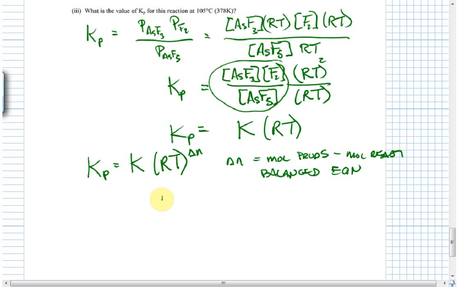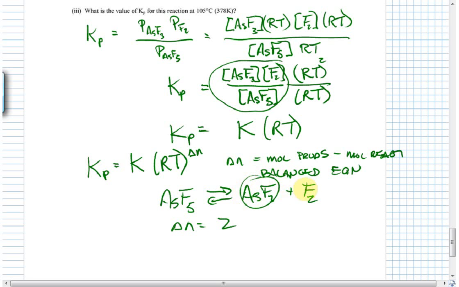So again, if we think about our reaction, AsF5 going to AsF3 plus F2, delta N equals 2 minus 1 equals 1.